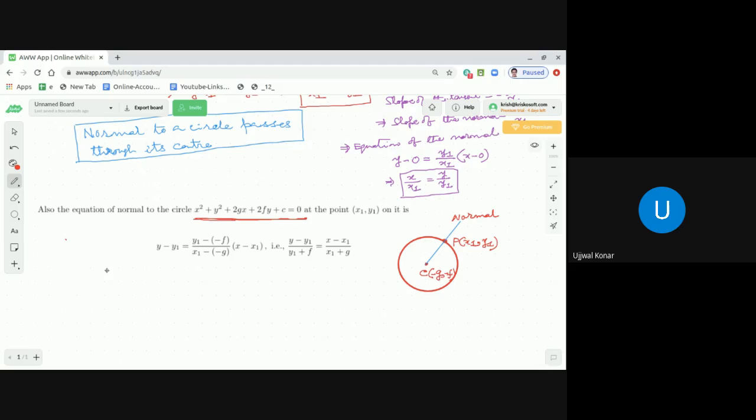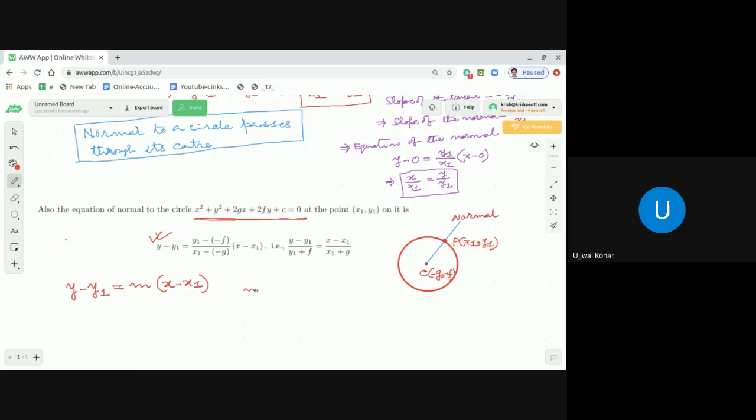What is the equation of the normal? It should be y minus y1 is equal to m into x minus x1, correct, dear students? Because that normal passes through the point x1 comma y1, and let's assume the slope of that normal is m.